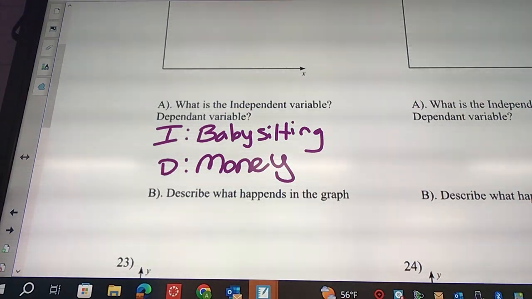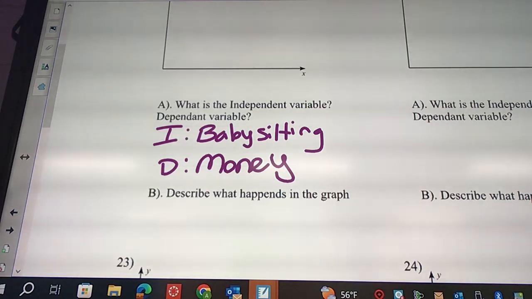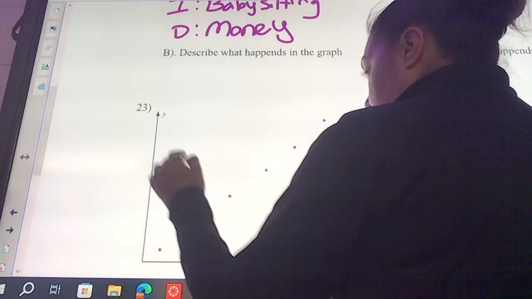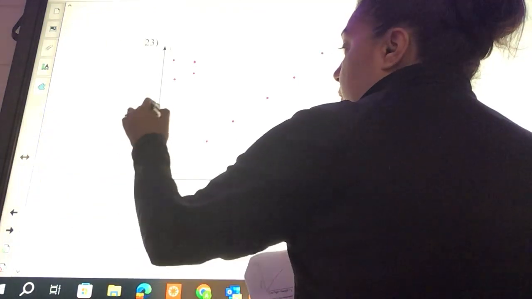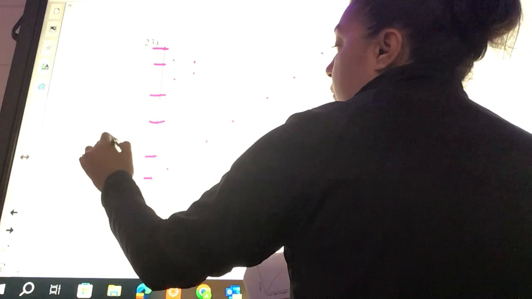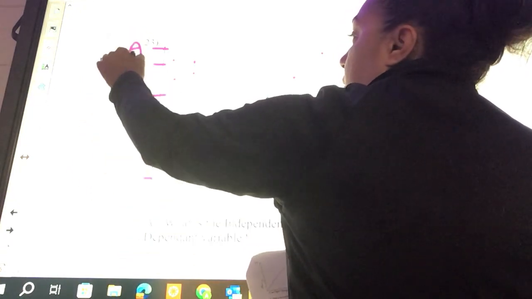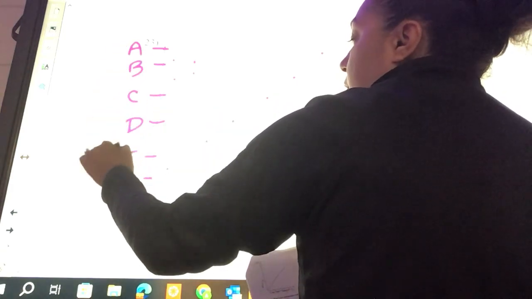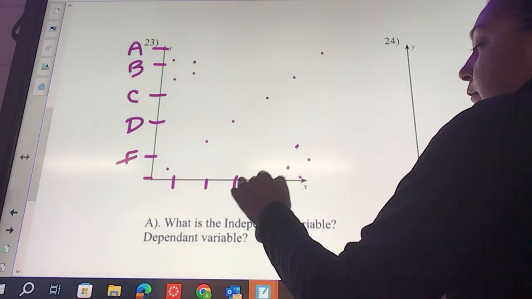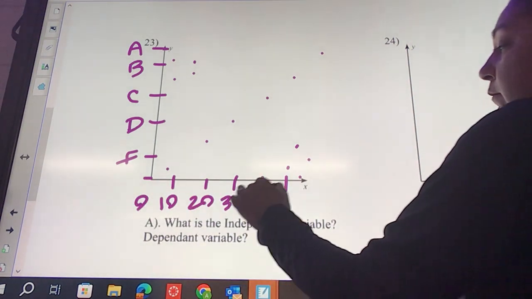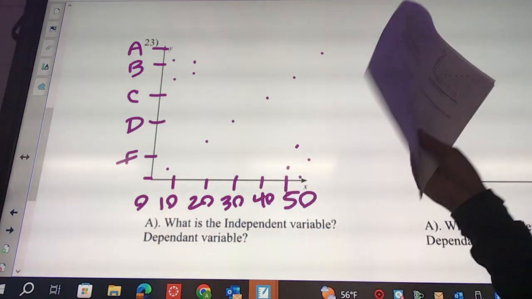Okay, 23, it says grades versus attendance. And I wrote a scale up here.